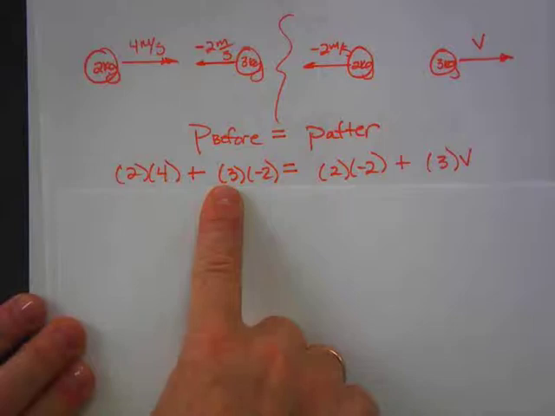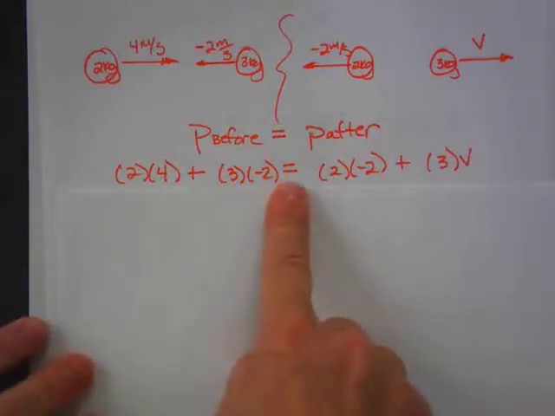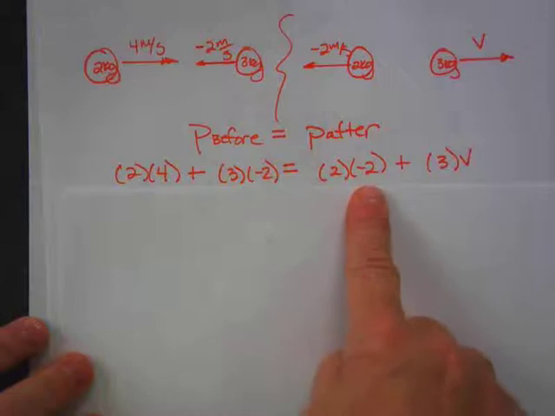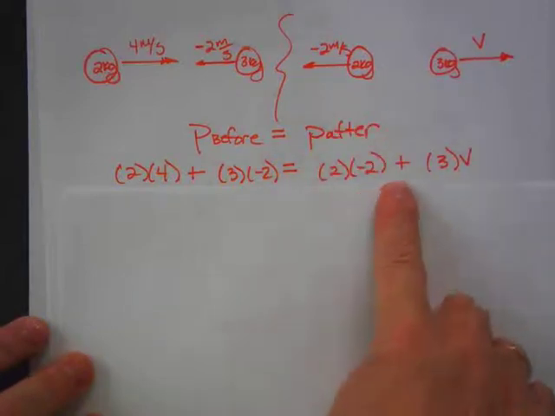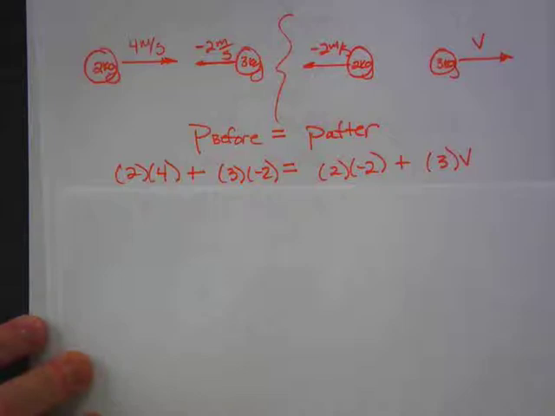So mass of 2 times positive velocity of 4 plus mass of 3 times negative velocity of 2. Collision occurs at the equal sign, equals 2 times -2. Now this guy goes backwards, plus 3 times v. Could you solve that equation for v? Yes. Intuitively, what are you thinking for this velocity?